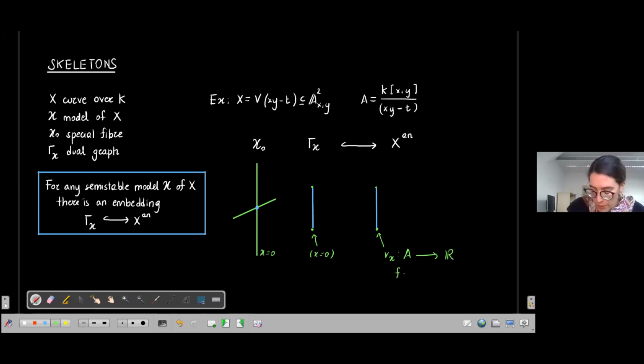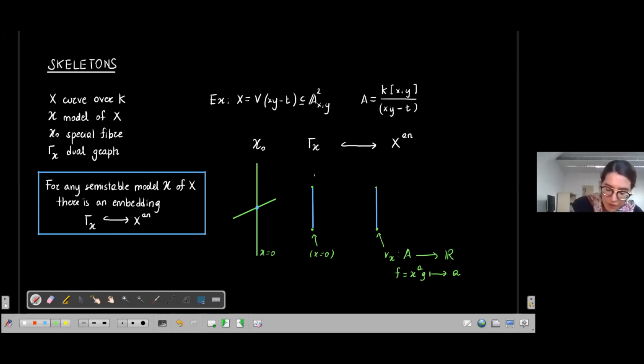Any polynomial f in this ring A can be written as a certain power of x times g, where g cannot be divided by x. And then what we take as valuation is just that power. So it means that we're taking the order of vanishing of f along x. Okay?